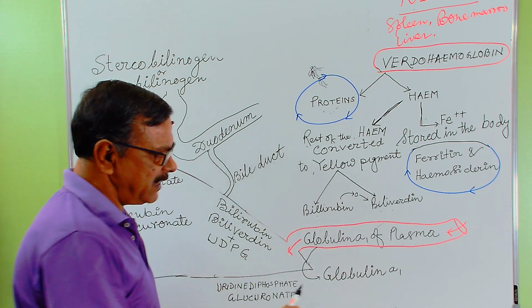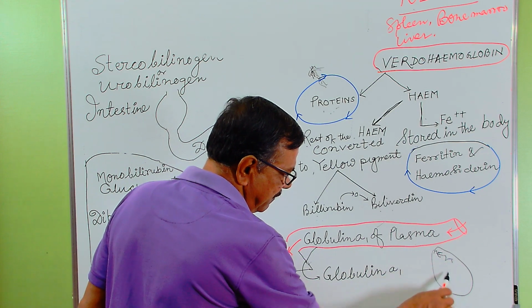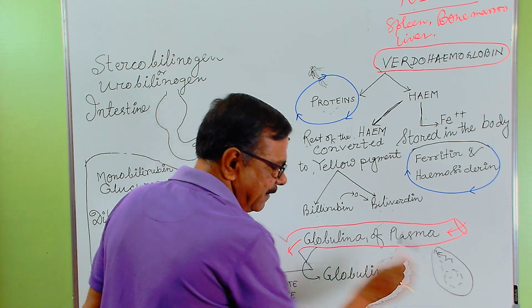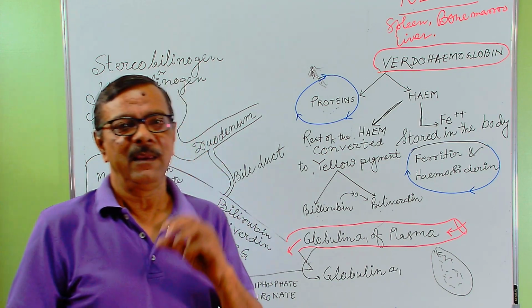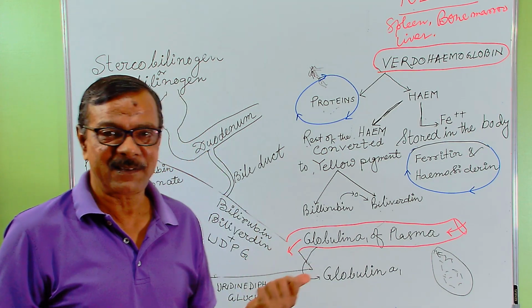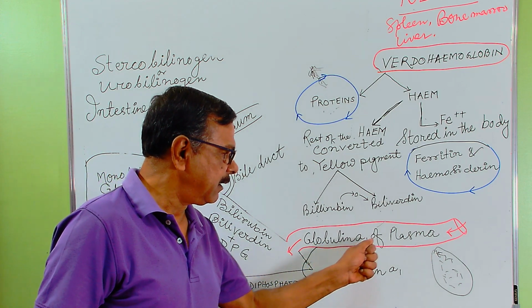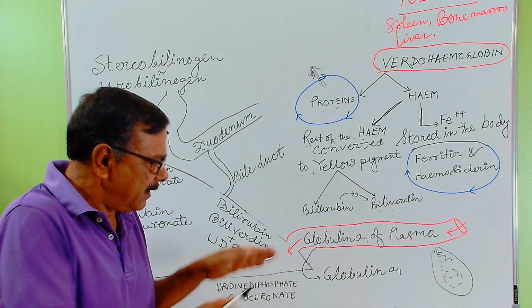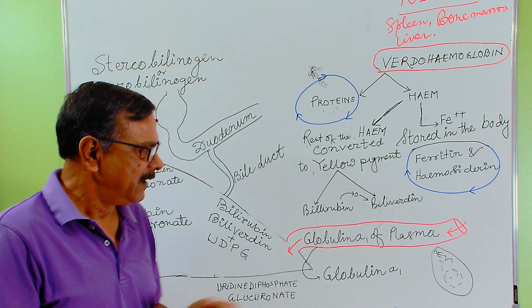So blood contains RBC, WBC and plasma. This plasma contains globulin, albumin, etc. So the globulin A1 of plasma mixes with bilirubin and biliverdin.